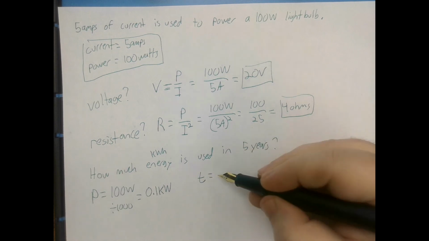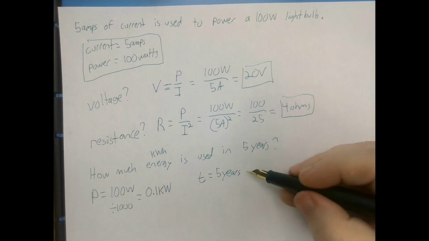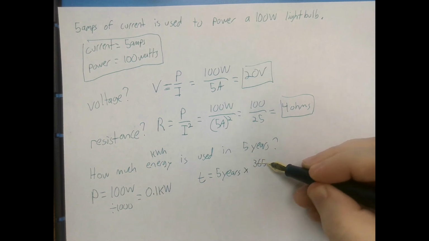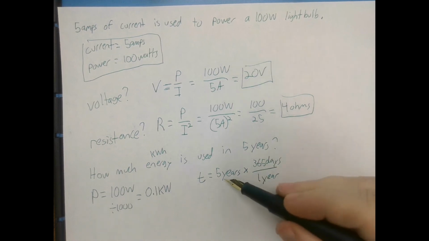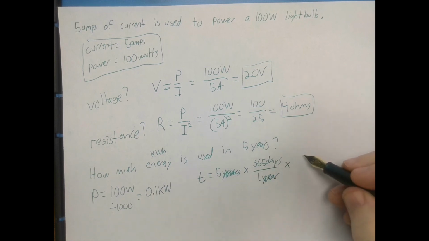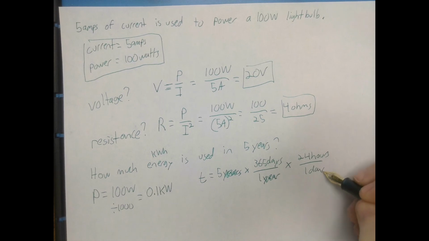So time is equal to 5 years. We need to get from years to hours. So it's 365 days per 1 year. Years divided by a year cancels out, so we're in days. There are 24 hours in 1 day.